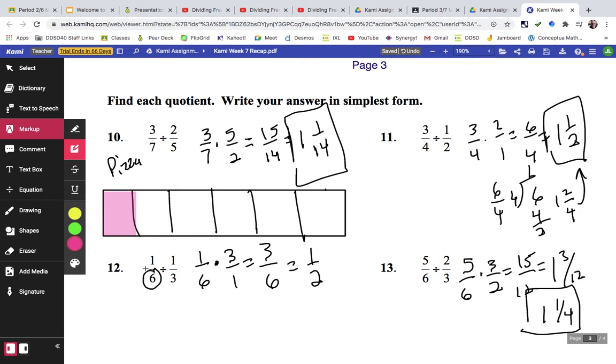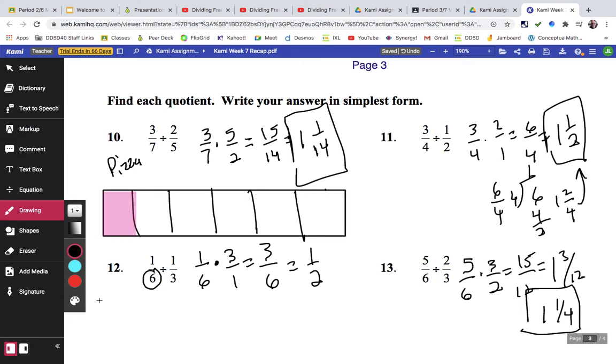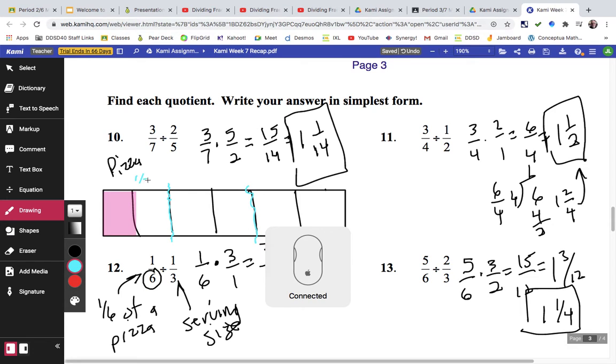The pizza is how much we have left. We have 1/6 of a pizza left. This part is the serving size. How many servings do we have if the serving size is 1/3 of the pizza? So let me draw this in thirds. That's 1/3 of it, and that's 1/3. Whoops, I wrote a half. 1/3.